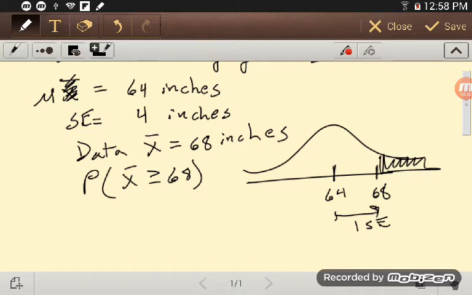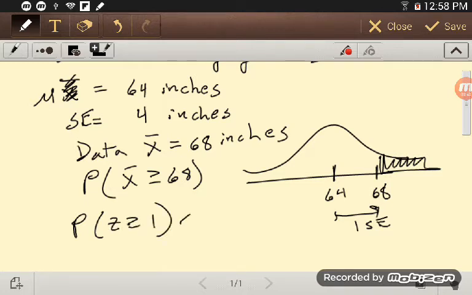Right? 64 plus 4 is 68. I went 1 standard error over. Then all I have to do is look up in my z table the probability that z is greater than or equal to 1.